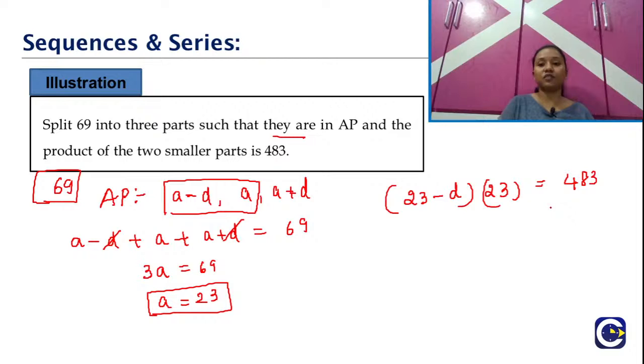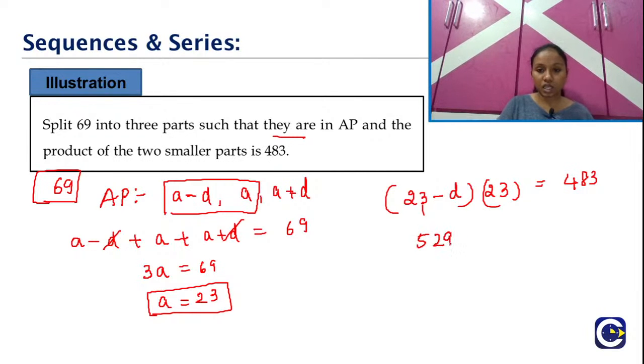This condition will be used to determine the common difference d. Let's just calculate the value here: 23 into 23 minus 23d.